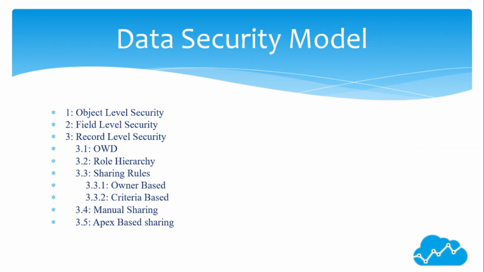The data security model in Salesforce is object level security, field level security, and record level security. This is further divided into OWD, that is the baseline of access, role hierarchy, and sharing rules, which are again divided into owner based sharing, criteria based sharing, then manual sharing.